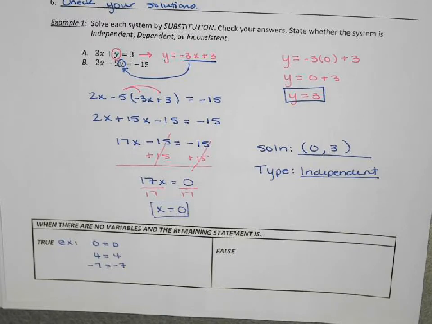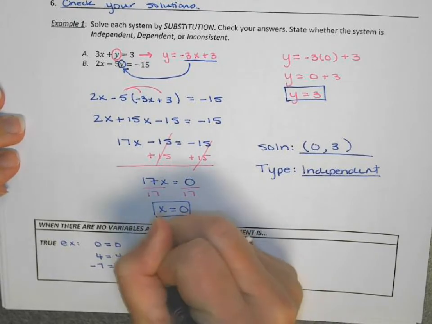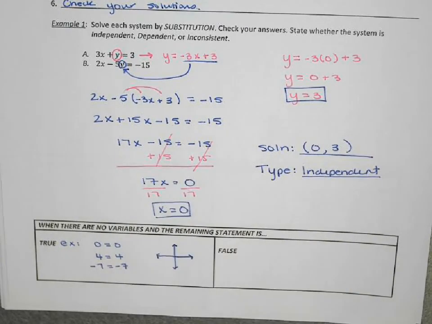Okay, so then what kind of answer do we have if you get a true statement? Inconsistent? Yeah. We're going to talk about that in a second. But, okay, so here's your graph. If it's true, it must mean that there has to be a solution, right?